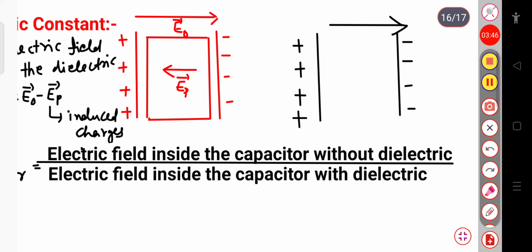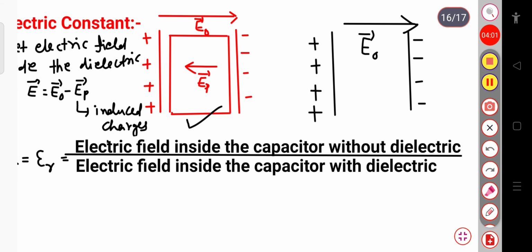So the net electric field is E naught when there is no dielectric, and when we introduce a dielectric material, the net electric field will be E equal to E naught minus EP, because in this dielectric material some negative charges will lie near the surface of the dielectric and the positive charge will occupy this place, so that there will be a net electric field E equal to E naught minus EP inside this dielectric material.